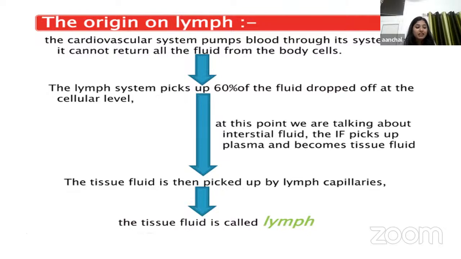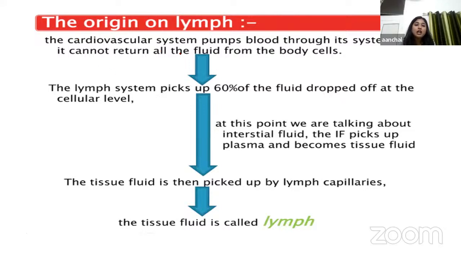So the composition of lymph is more or less similar to the interstitial fluid, including protein content. Protein present in the interstitial fluid cannot enter the blood capillary because its size is very large, so these proteins enter the lymph vessels, which are permeable to large particles also.